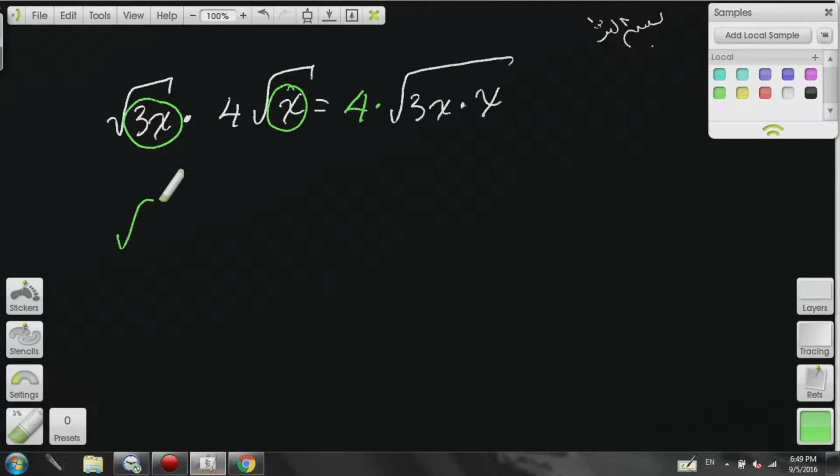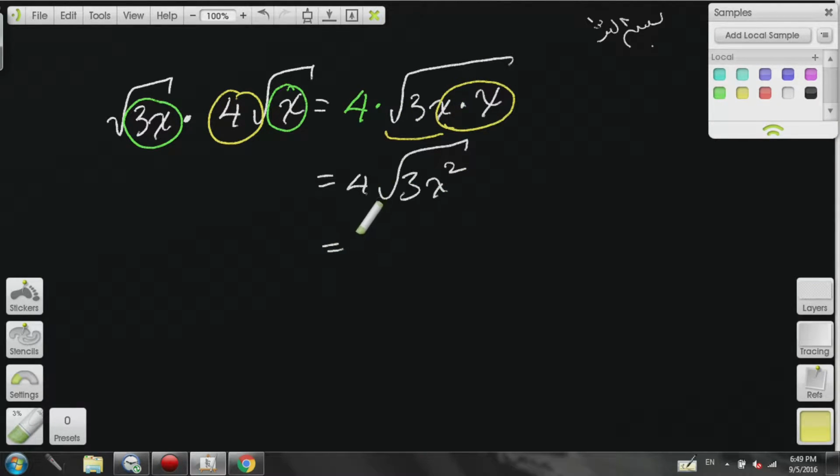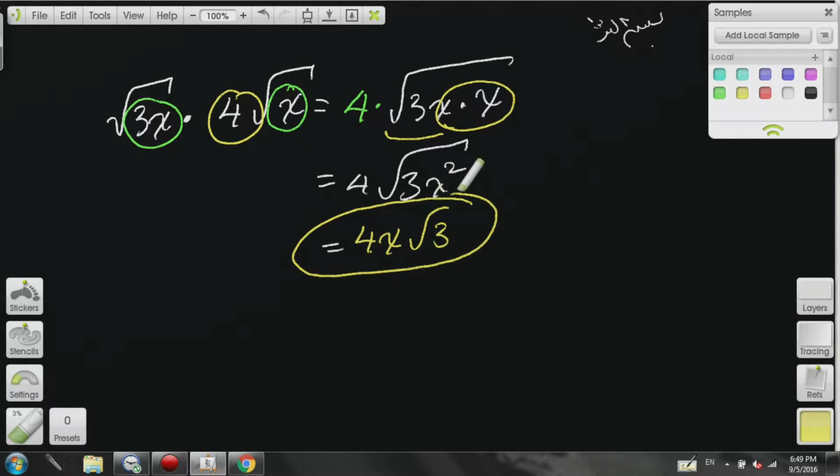That's because if you have square root of a times the square root of b, you can bring them together in one big happy family like this, a times b, and it works the converse way too, right? So here we took two radicals and combined them together, and this 4 is on the outside, so it will remain on the outside. Now we have 4 times the square root of 3x squared, right? But the two x's can just come out as 1, so this becomes 4x times the square root of 3. So this will simplify to that.